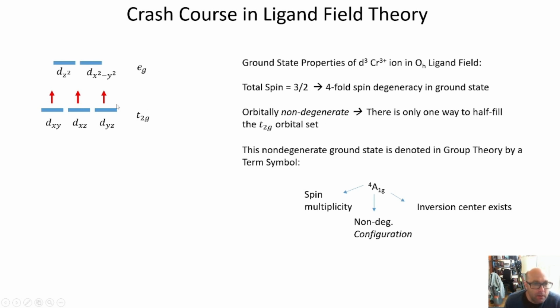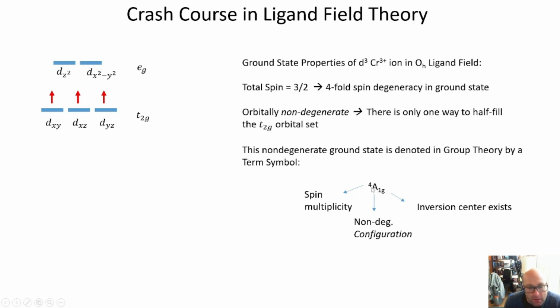So we would consider this configuration to be, I'll call it, orbitally non-degenerate, because basically there's only one way to half fill this shell. You can't choose a different set of 3 to occupy because there's only 3. And so that is written in a group theory notation in the following way.